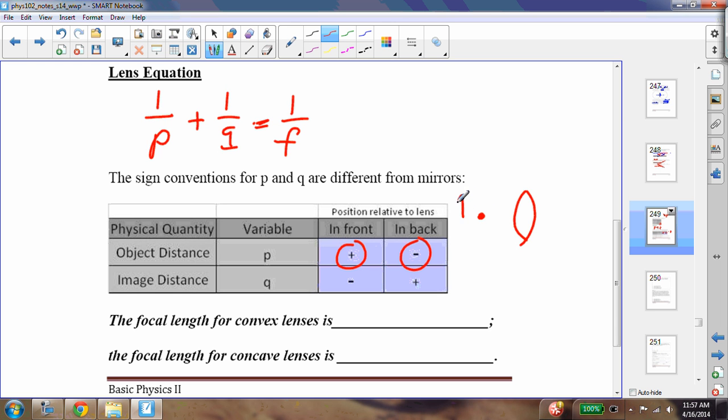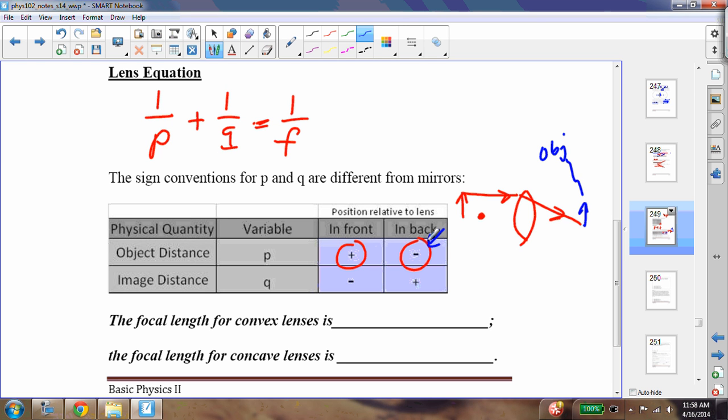So in this case, our object would be in front of the lens, and the rays are traveling in this direction. However, if the rays were still traveling in this direction, but our object was on the back of the lens, like over here, then we would have a negative object distance.